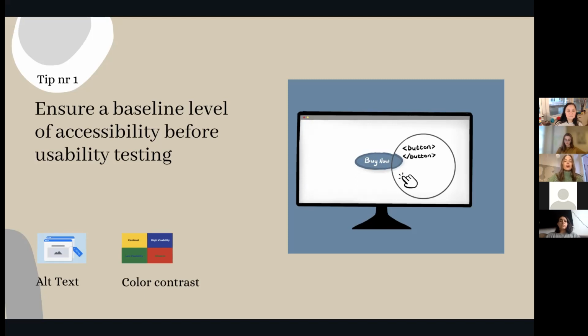Alt text and color contrast are something very easy you can do. I would say this is the baseline. And it's very good to address the checklist before you do the usability testing. So, for example, the buttons don't say just button, and so on.